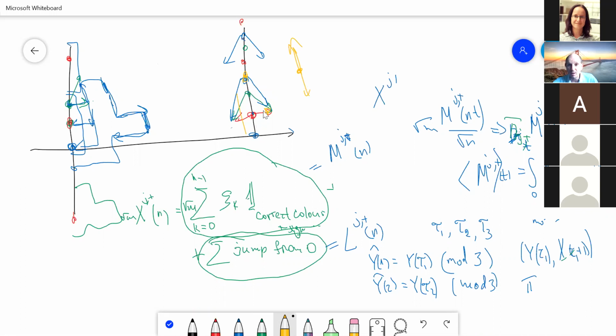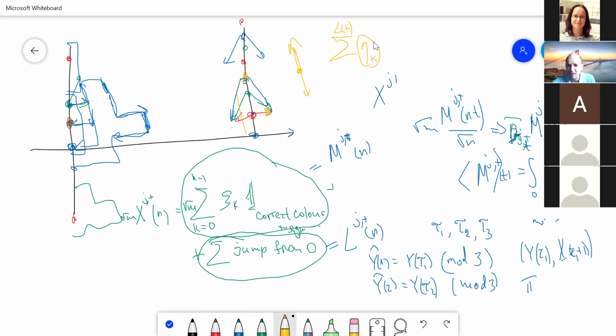Because what is the additional drift? The additional drift is the sum of some random variables from here, over the number of visits, and you know that if you know the color, then these random variables are independent and identically distributed, and the distribution just depends on the color.